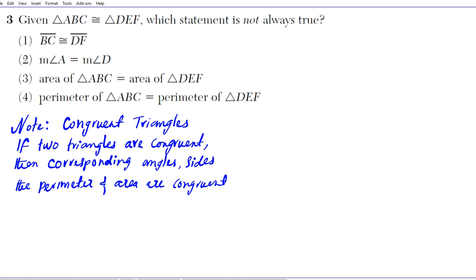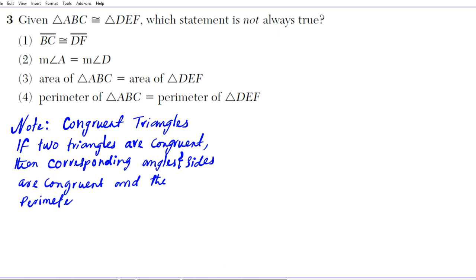Actually, let me reword this. Corresponding angles and sides are congruent, since these are objects. The perimeter and area are numerical values, so the perimeters and areas are equal. So that's more accurate.